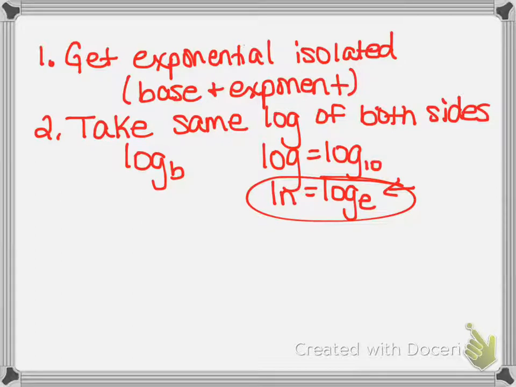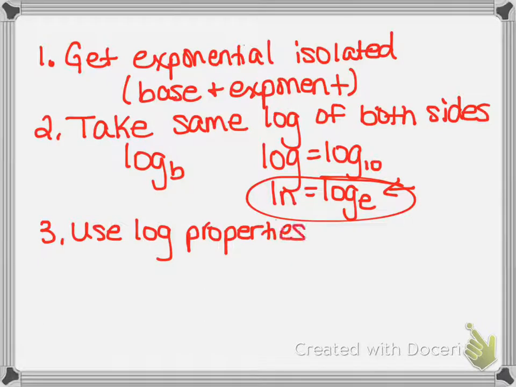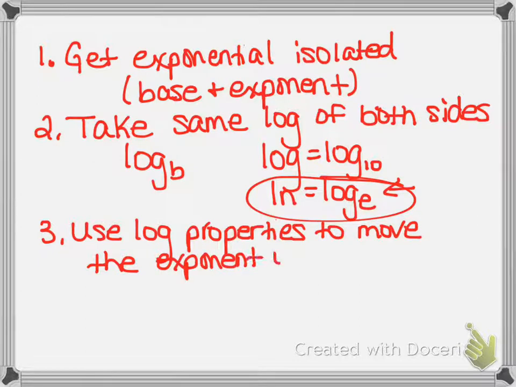Once we've taken the log of both sides, then what we're going to do is we're going to use our log properties to move the exponent with the variable down to the front.